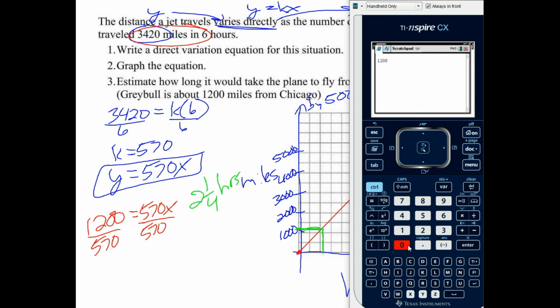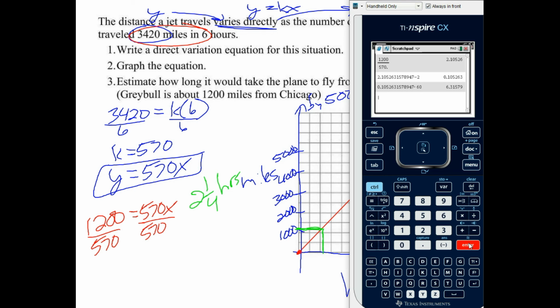1,200 divided by 570. Enter. 2.10526. So 2.11. But what is 0.11 of an hour? Take the 0.11 and multiply by 60.